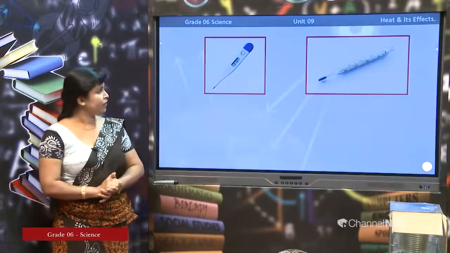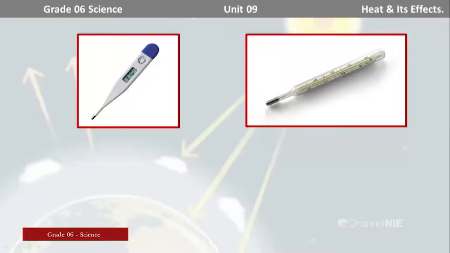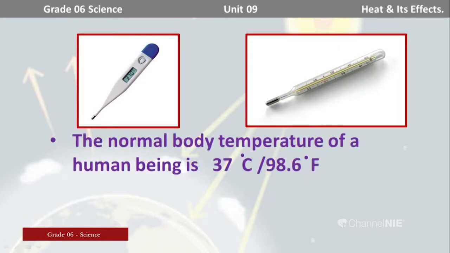Right. Here I have given you two types of thermometers. Both are used to measure the body temperature. The normal body temperature of a human being is 37 degrees Celsius.